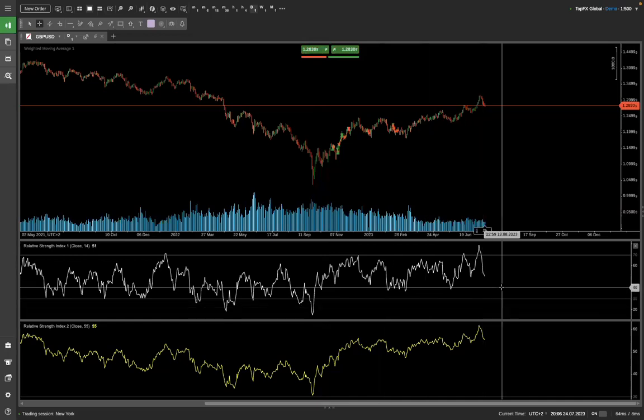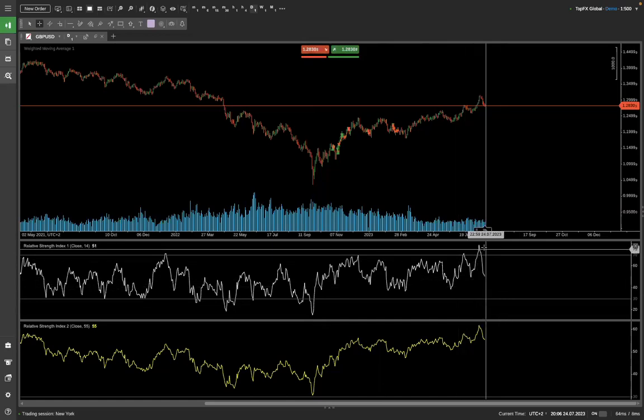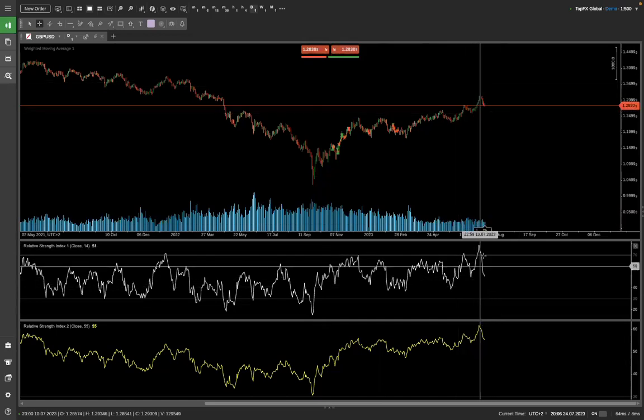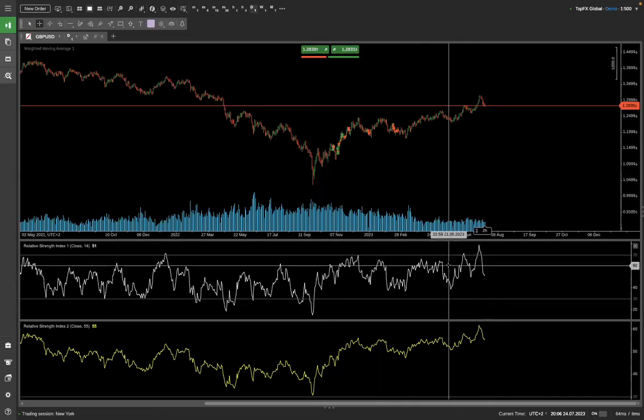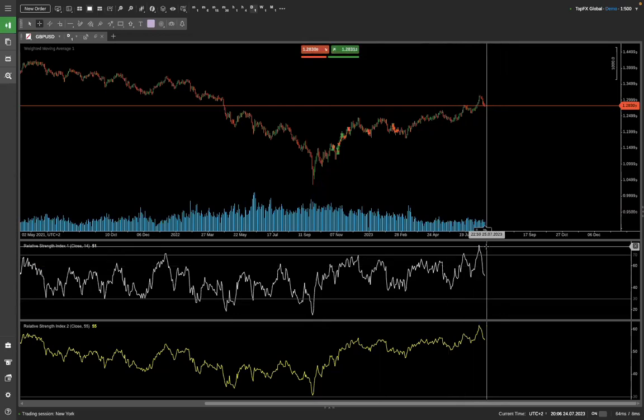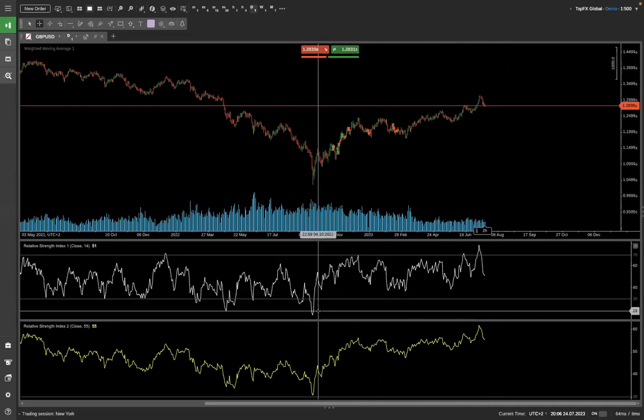So that's very important to understand. This market can be overbought, but it doesn't mean it cannot go even more overbought. We never know when is the actual top of the overbought levels, or where is the low for the oversold levels as well.